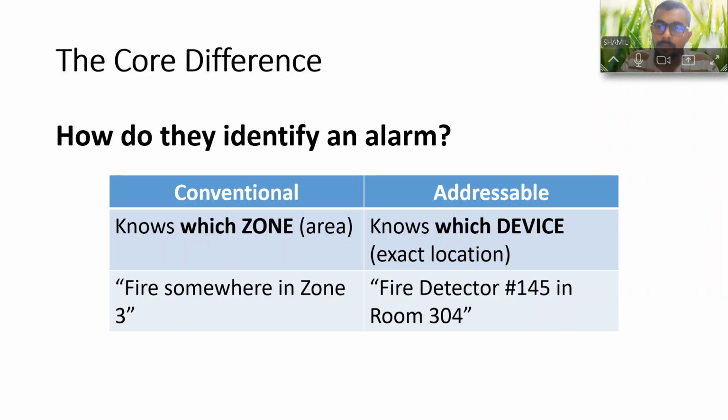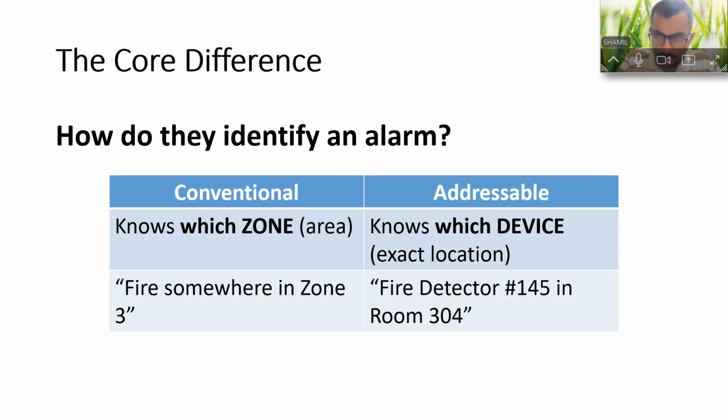So to justify that statement, I will give you an example. Suppose a facility has a conventional system, and the conventional control panel says that there is a fire in zone 3. It will not say exactly where, it will just say that in zone 3 there is a fire. Now the problem is that zone 3 could be a group of rooms. It can have a group of 5 to 6 devices, depending on the panel size and panel capacity.